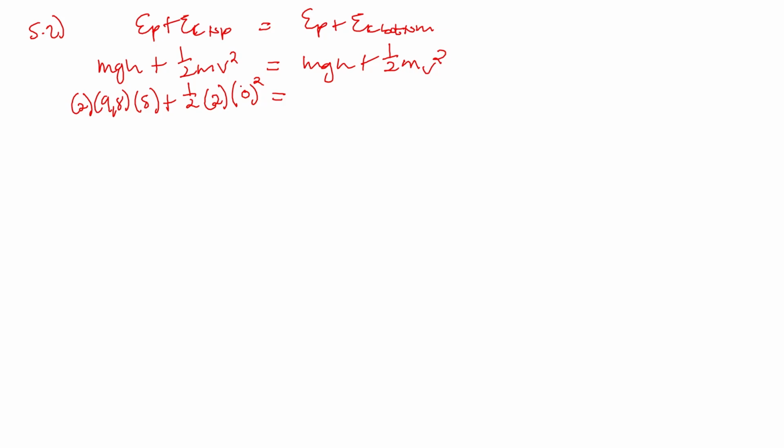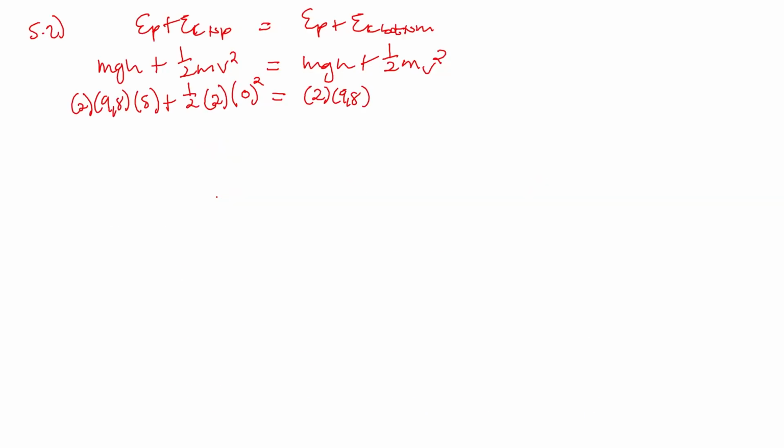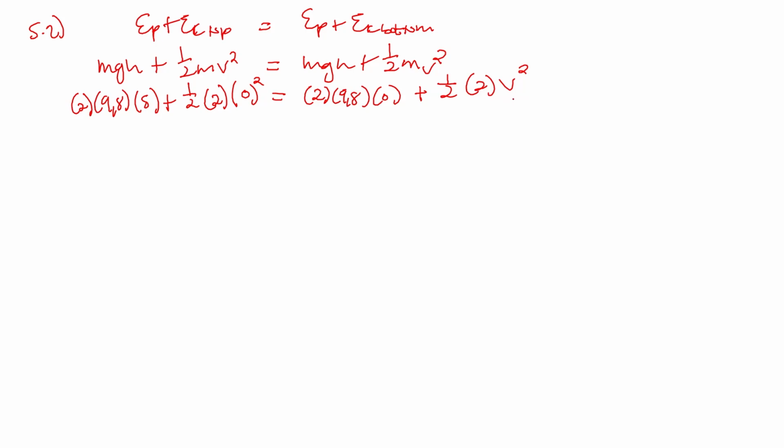Then the same calculation is 2, 9.8, but remember now at the bottom, the height is 0. So I would just write it down, but anything multiplied by 0 will be 0. And then again, we have mass of 2, and they want the velocity when it reaches point Q. So that is the unknown, the final velocity.